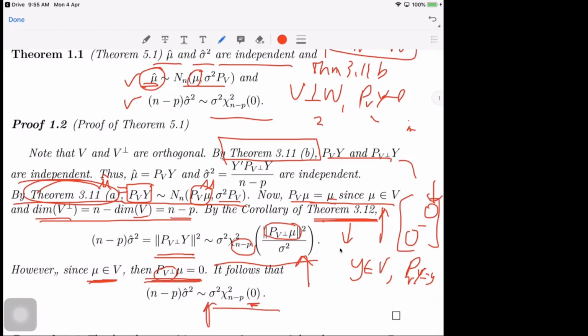So in general, pwede ninyo isulat as n minus p sigma hat square over sigma square is chi-square n minus p central. No? Pwede ra ani na forma. This form here is familiar. That is actually the test statistic when you are testing variance, no?